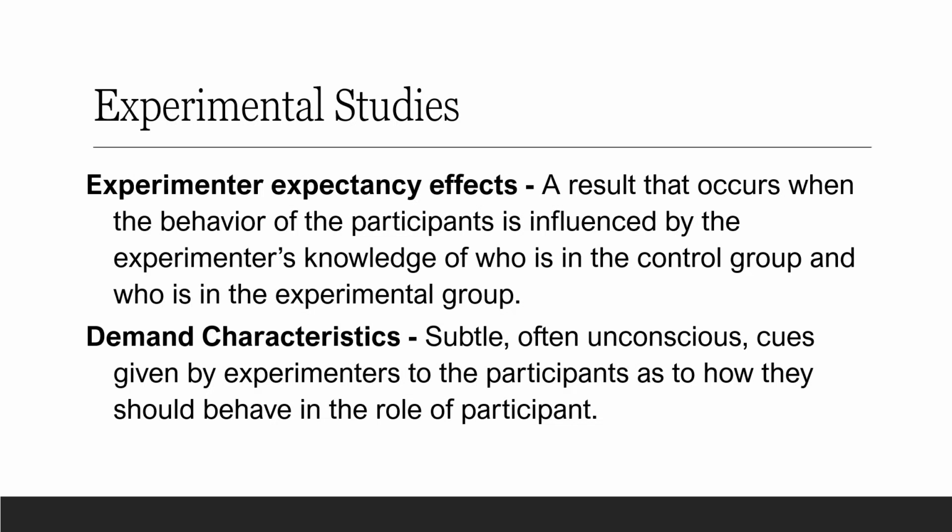Not all the time the bias comes from the expectancy effect. Sometimes the errors come from the side of the participants, because in an experiment, there's also what we call demand characteristics. Sometimes, without us knowing, we give subtle unconscious cues to the participants as to how they should behave in the role of a participant.